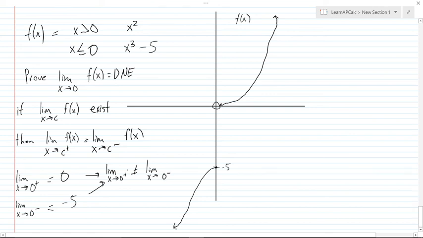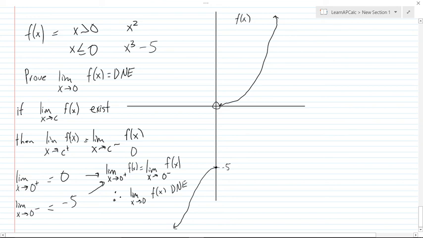Again, I missed my f of x. Don't do that. Therefore, limit as x goes to 0 of f of x does not exist.